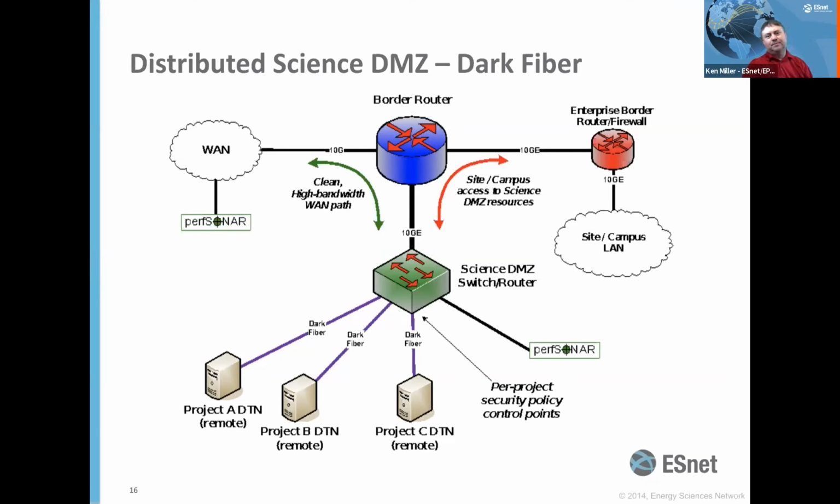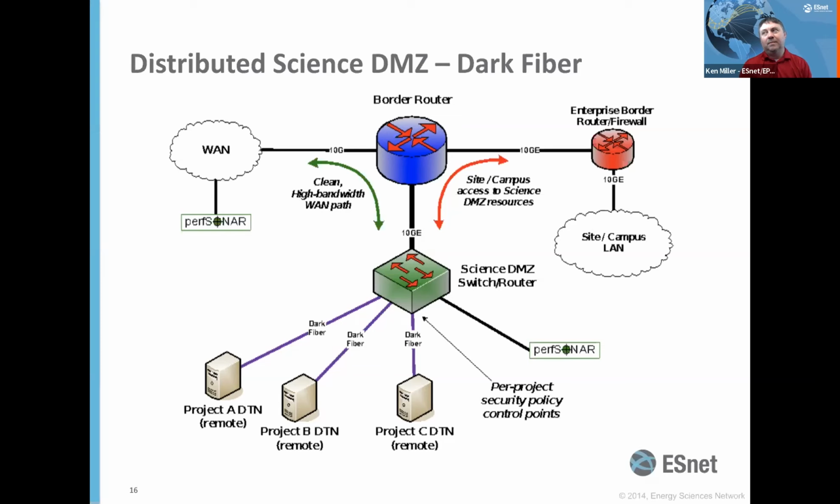So with this one, an individual data transfer node can be set up by project. And this doesn't have to be right next to your border router. If you have fiber across your campus, you can actually home run the DTN at the local site back to your Science DMZ switch or router.